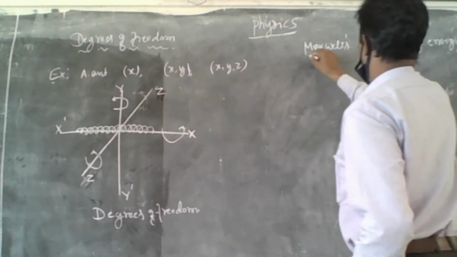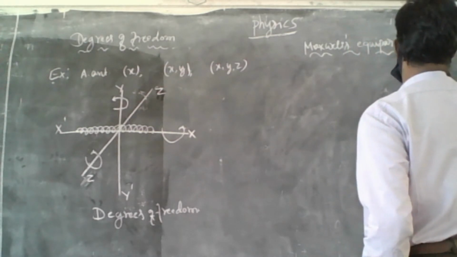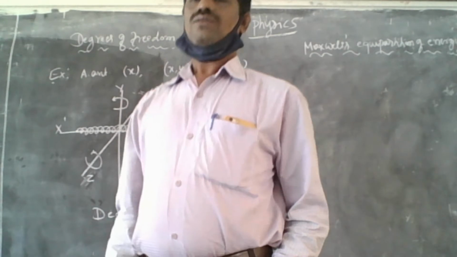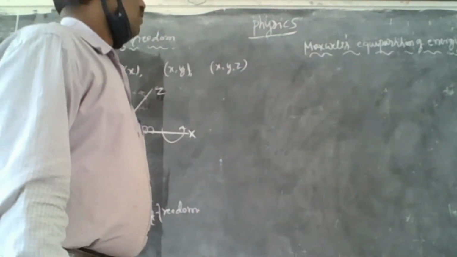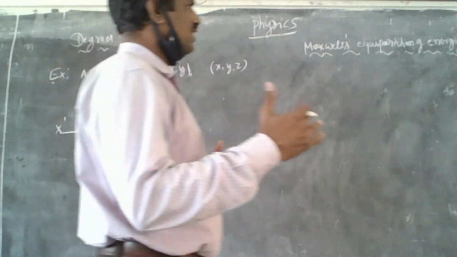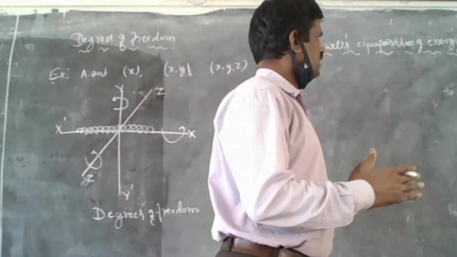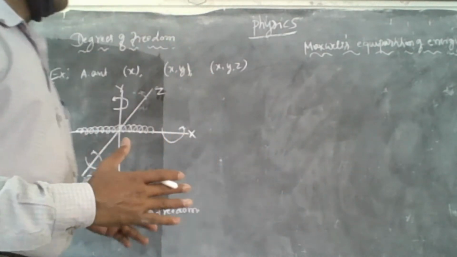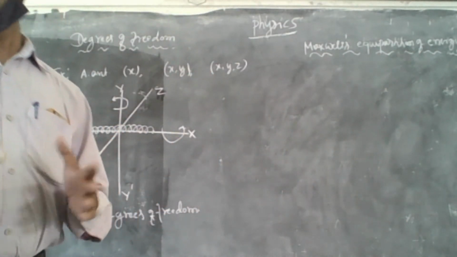What is equipartition of energy? Equi means equal, partition means divided. So energy is divided equally. That is known as Maxwell's equipartition of energy.